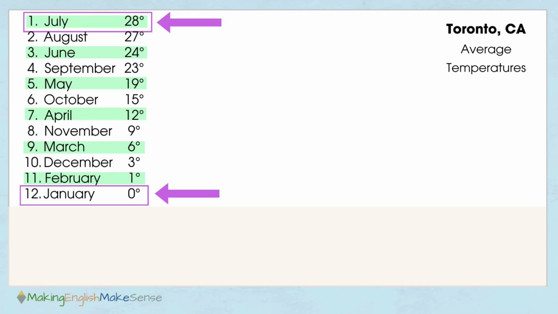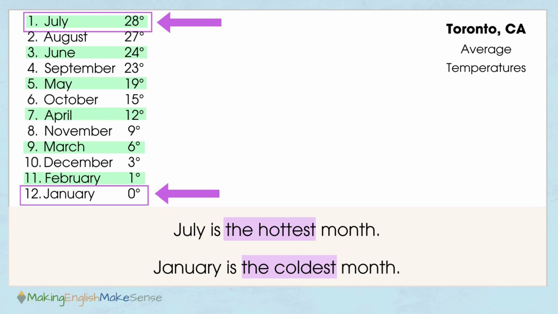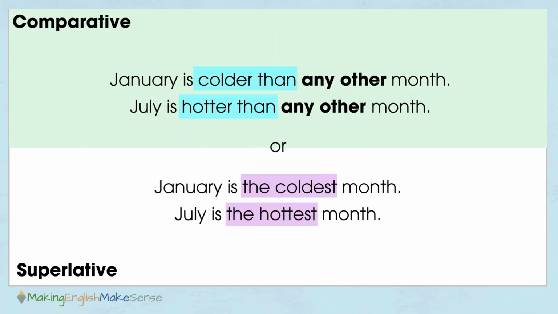For example, you could use a superlative adjective to say, July is the hottest month, or January is the coldest month. Whether I say January is colder than any other month and July is hotter than any other month, or January is the coldest month and July is the hottest month, I'm essentially giving the same information, just looking at things from a different point of view.